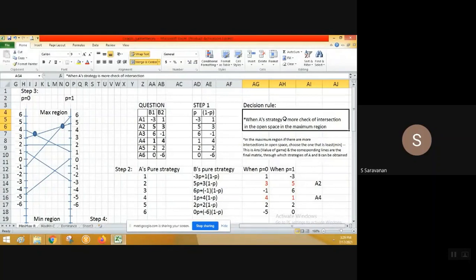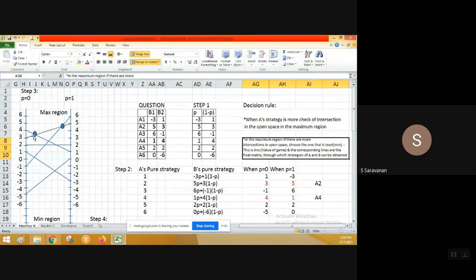You have to check for the answer in your minimum region. When there is a possibility of 2 or 3 intersections, which one to choose? In the maximum region, you should go for the minimum. But in the minimum region, you should go for the maximum.